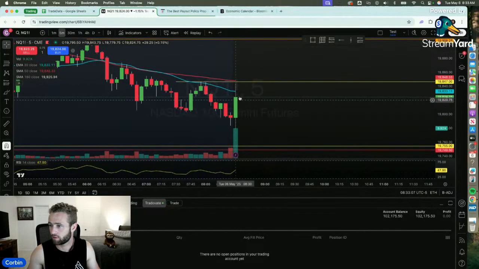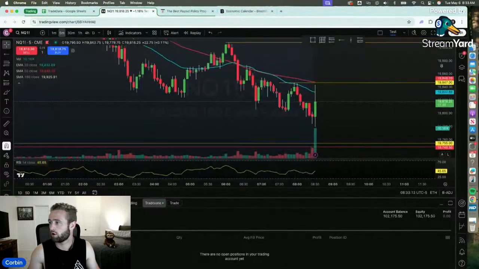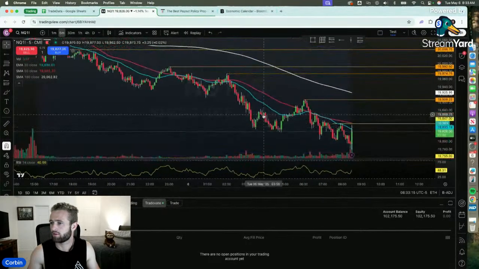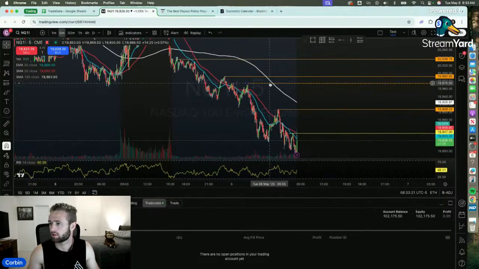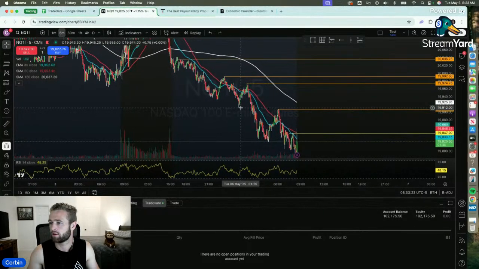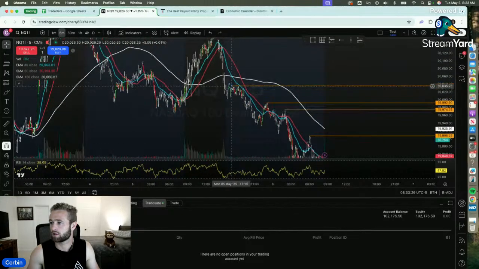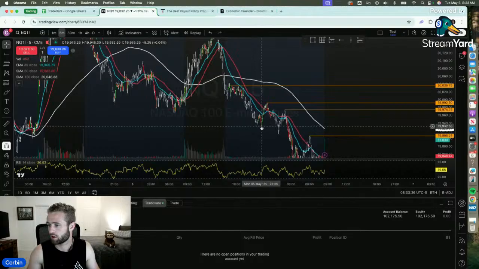What do we have? First off, we need to mark out lows and highs. That's a high, that's a high, that's a high. Let's see, London session highs from 1,700, which is going to be right there, to the lows, which is going to be, where's 2 a.m.? 2 a.m. right here.